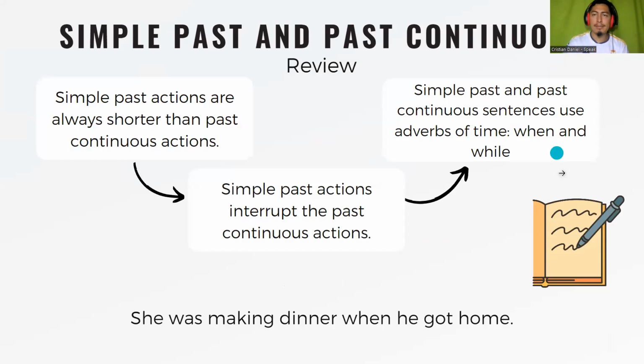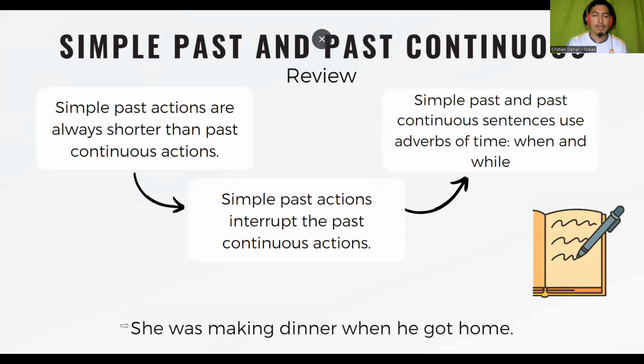First of all, remember this sentence: she was making dinner when he got home. As you can see, we can identify which part is simple past and which one is past continuous. We have both tenses in this sentence.